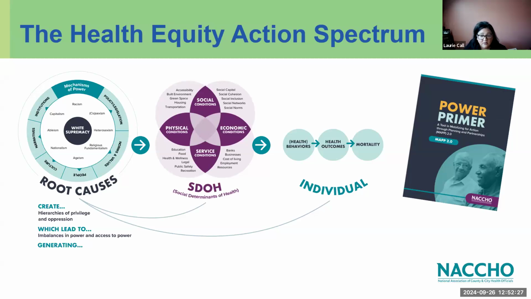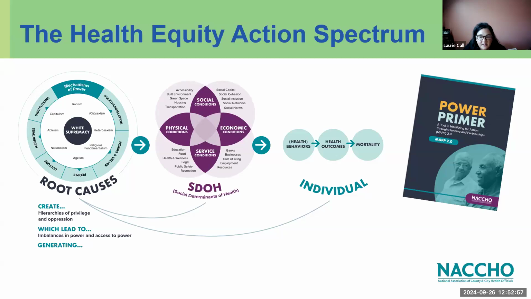On this spectrum, on the left side, you'll see the effects, such as racism, capitalism, and white supremacy, that impact and produce those root causes. The root causes of health inequity were initiated through colonization and the exploitation of enslaved African people through chattel slavery to build America. This is something that we know.